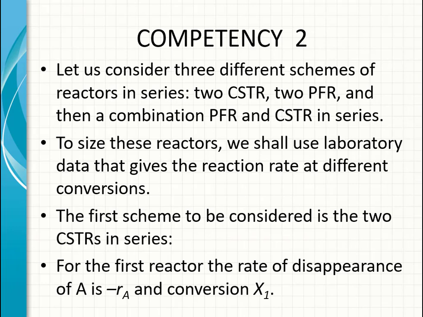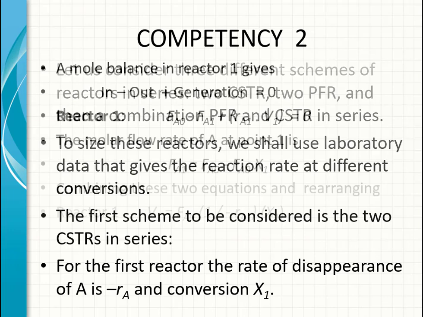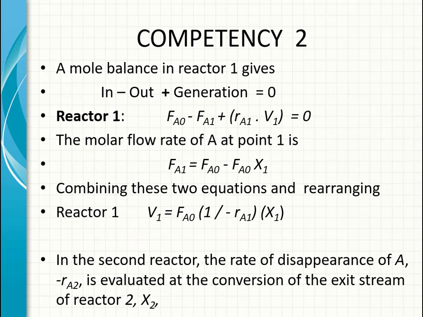For the first reactor, the rate of disappearance of A is minus RA1 and the conversion is X1. From the mole balance in reactor 1, we have in minus out plus generation equal to 0.